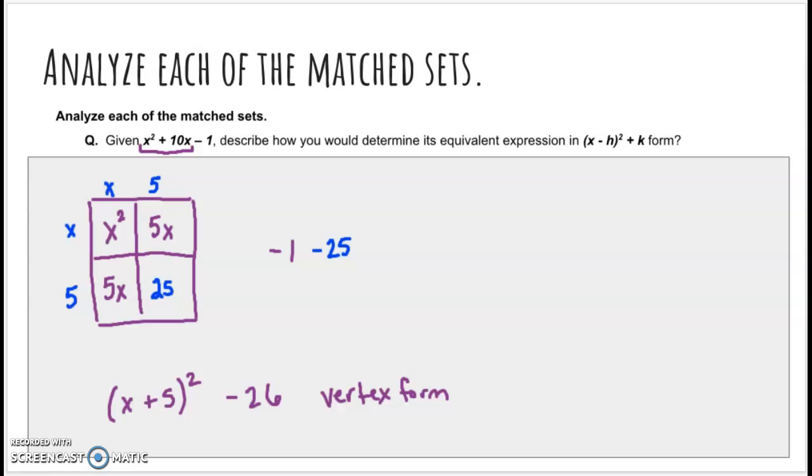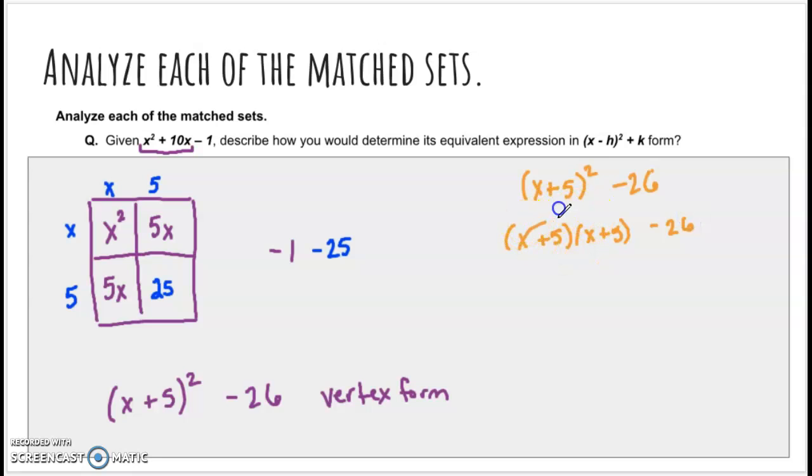If you don't believe me, we can check it by going back through and multiplying it out. Let's try orange, that blue is very hard to read. We can multiply back through to check our work. X plus 5 squared minus 26. In order to multiply x plus 5 squared out, I have to expand it: x plus 5 times x plus 5 minus 26.